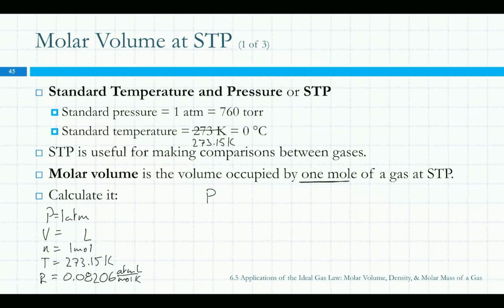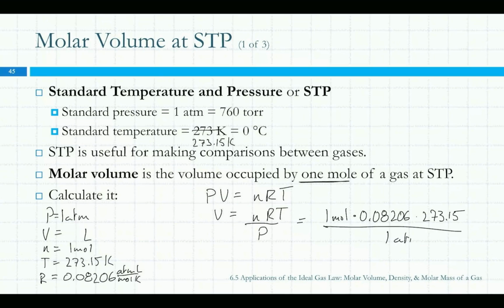PV equals nRT, and I'm going to arrange it ahead of time this time: V equals nRT over P. So it's 1 mole times 0.08206 times 273.15 divided by 1 atmosphere.